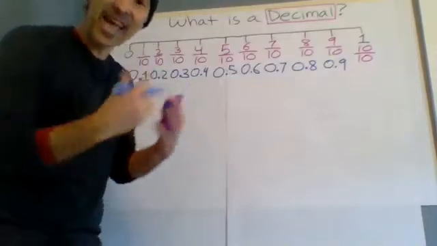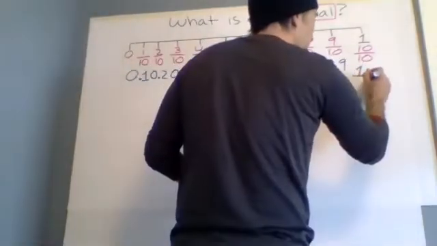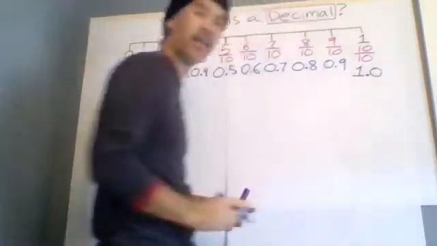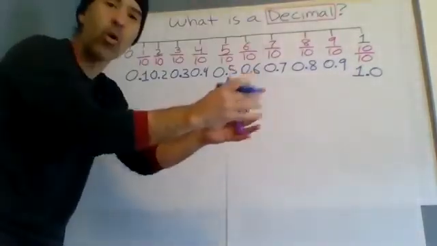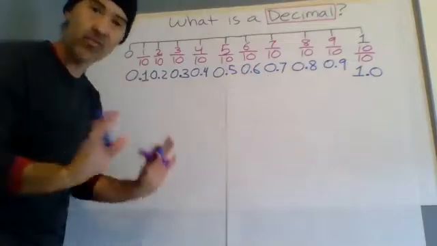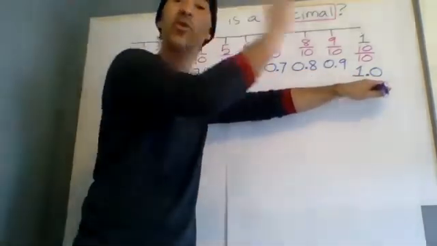And if I have 10/10, that's the same as 1 and 0/10. I just have one whole. I don't have another whole with tenths. I just have one whole, so it's one whole and 0 other tenths.